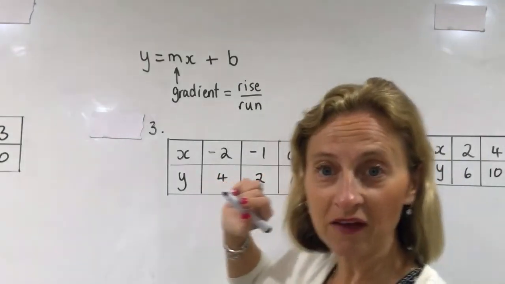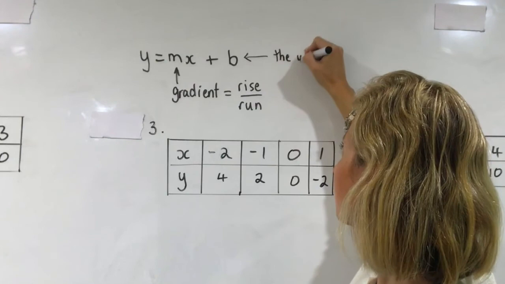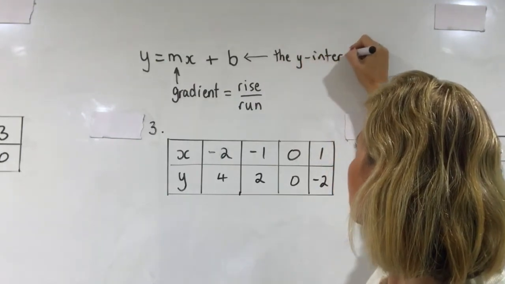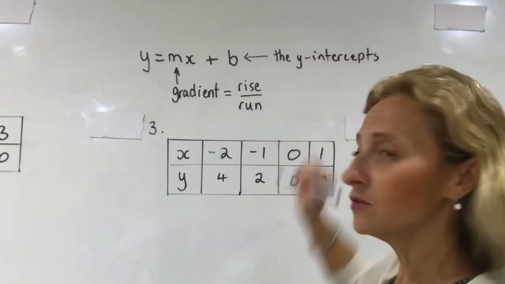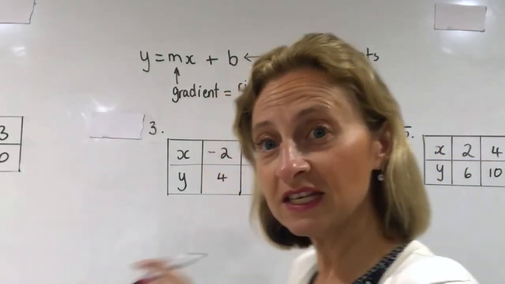We've already talked about that a few times, and we know that b is the y-intercept. So of course we're going to use the knowledge that we already know to work out the equation of these 6 lines.